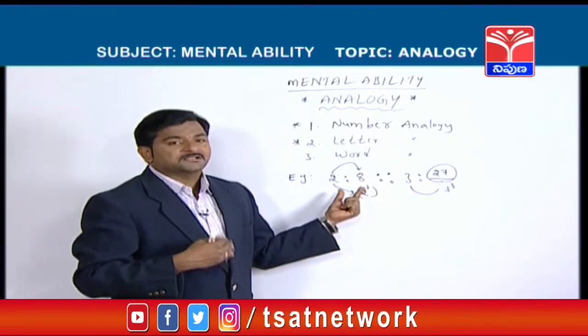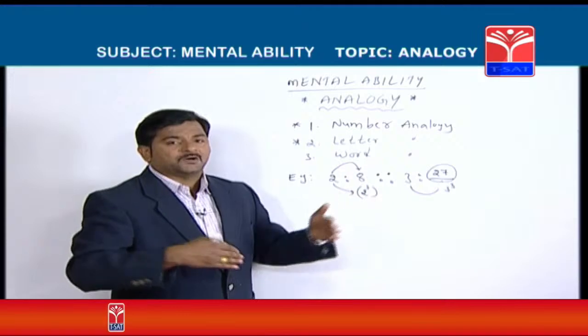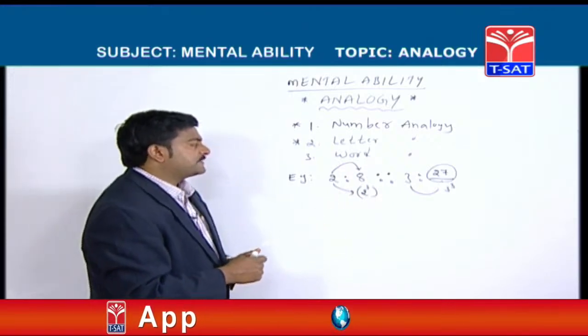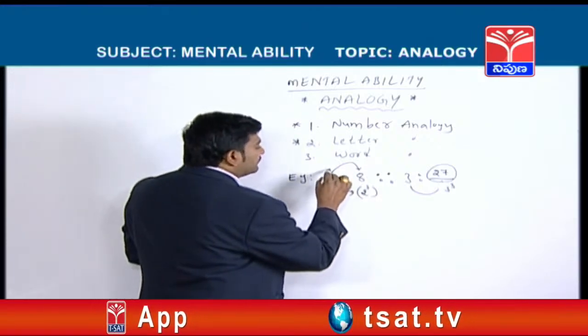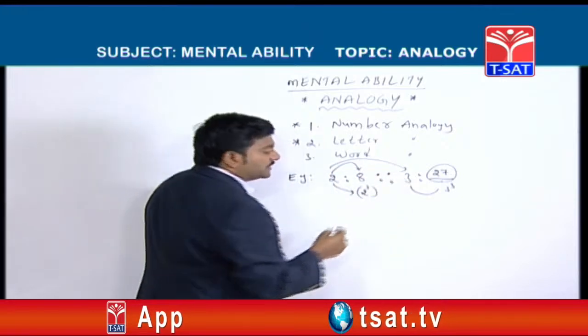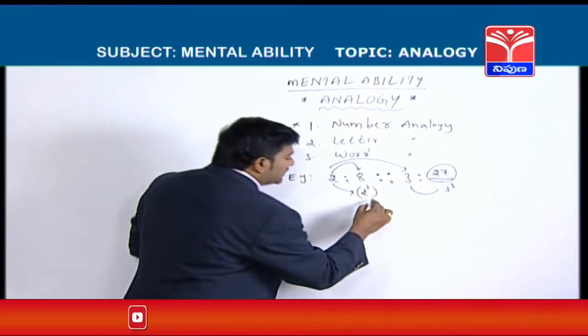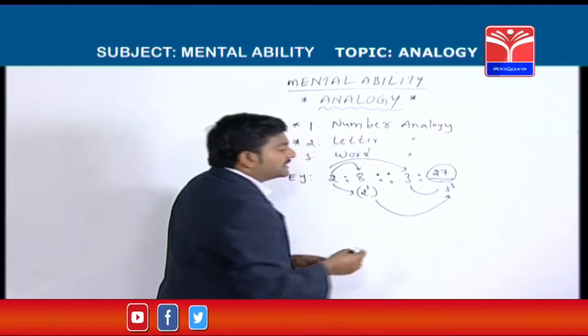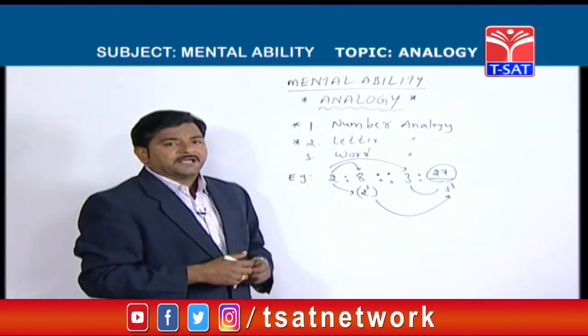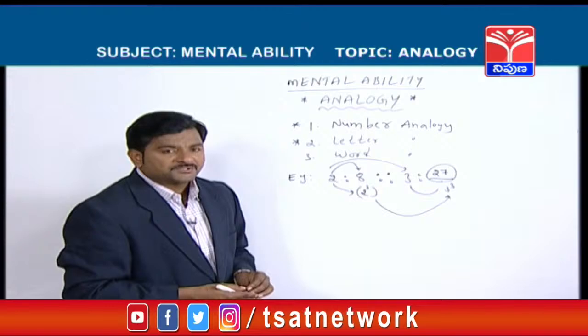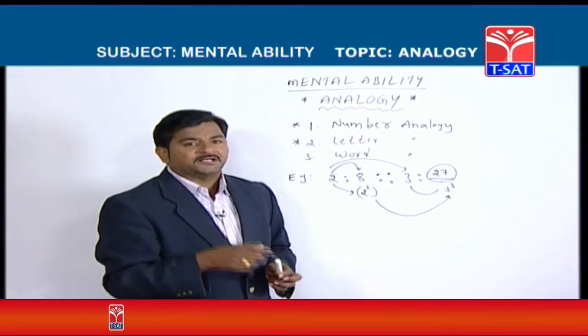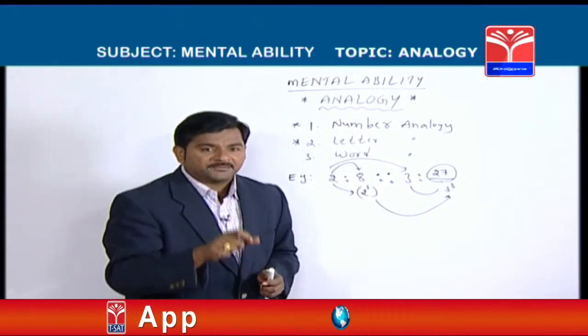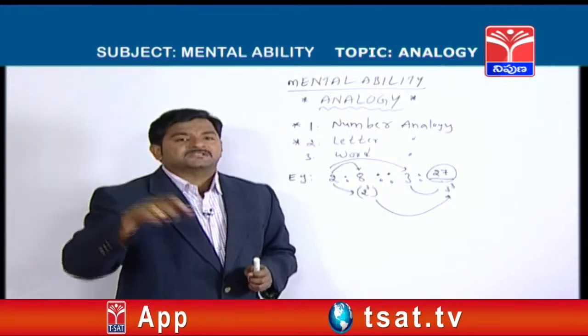If that is not working out, then you have to think in another way: how are we getting 3 from these two, and by using the same concept we have to get 8 from the required number also. Usually 90% of the questions can be solved by identifying the relation in the first pair and applying the same concept to the second pair.